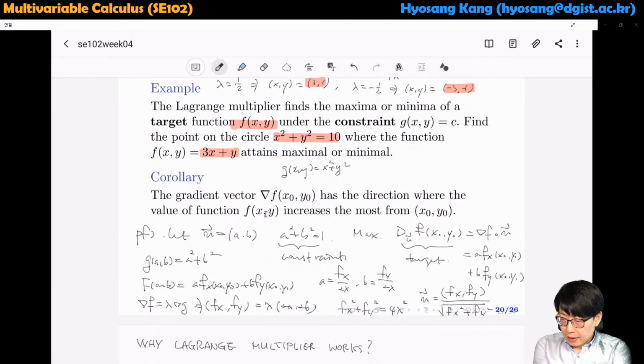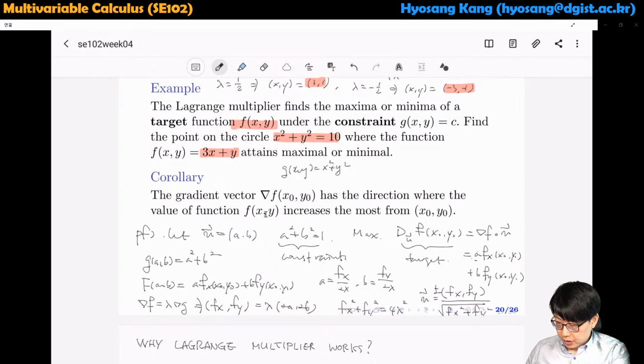By the way, when I find the lambda in the process, I could get a negative lambda, because I have a square on the lambda side, so I might have a plus or minus sign here. But how do I check which one maximizes the directional derivative and which one minimizes it? Simply put this vector u into the directional derivative formula.